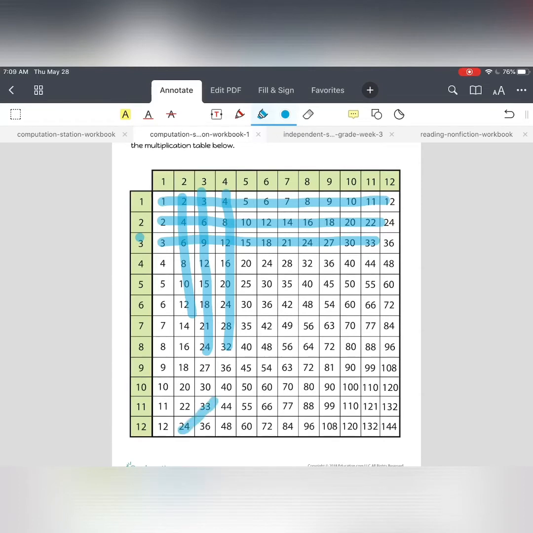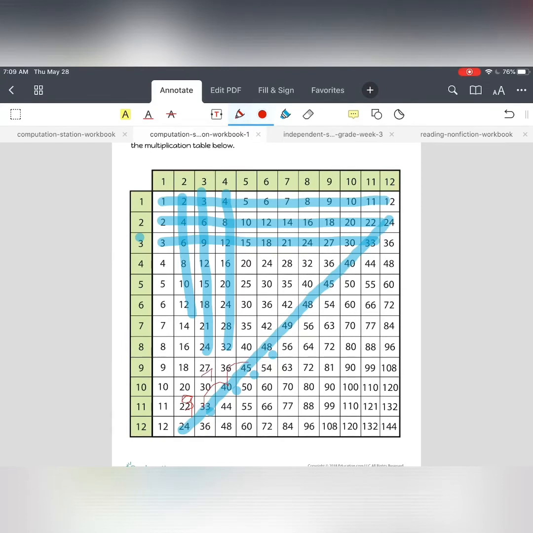Are there any other patterns that you see? How about this row, this diagonal? At first glance, it doesn't really look like much of a pattern. We got 24, 33, 40, 45, 48. I can't see much of a pattern there, but if you look closely, from 24 to 33, it goes up by 9, and then from 33 to 40, it goes up by 7.